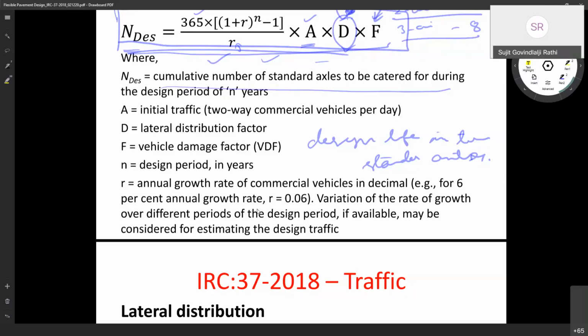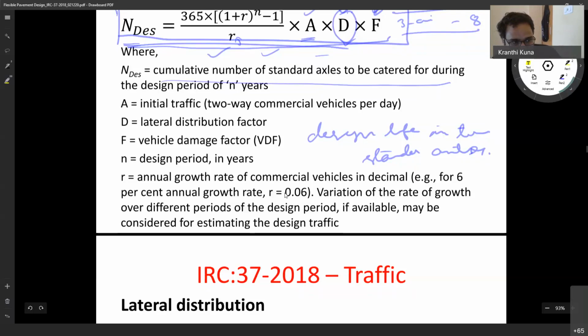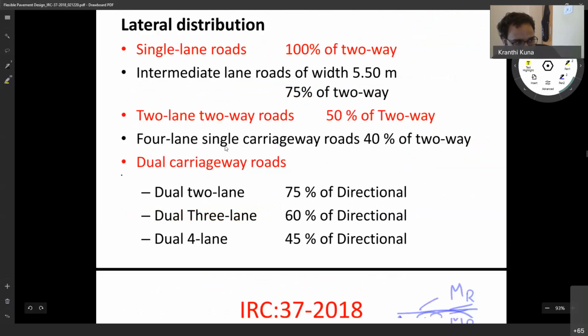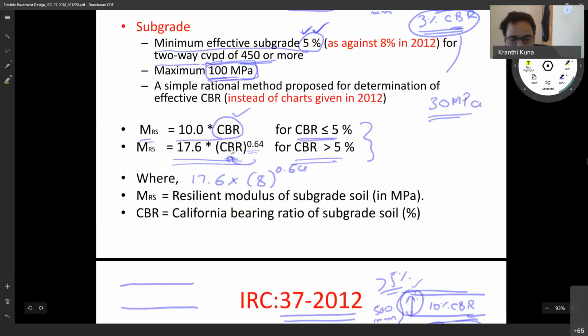I have to enter both in IITPAVE, right? So you have to convert that into elastic resilient modulus and enter into IITPAVE. So for 2% CBR, according to these expressions, it is 10 times the CBR. For your 20%, it is 17.6 multiplied by CBR power 0.64.